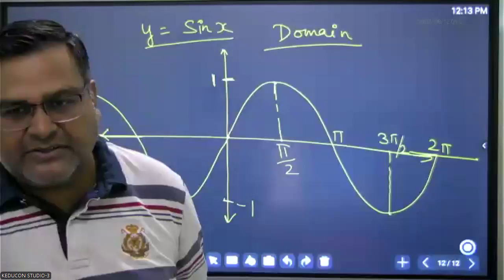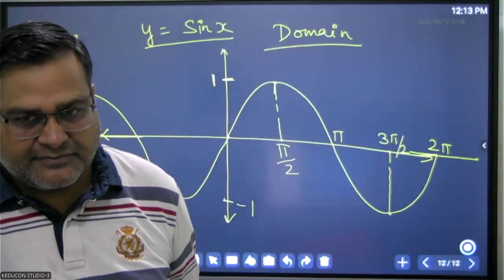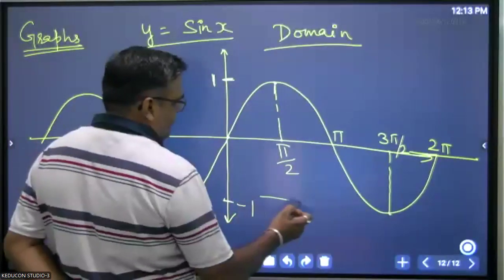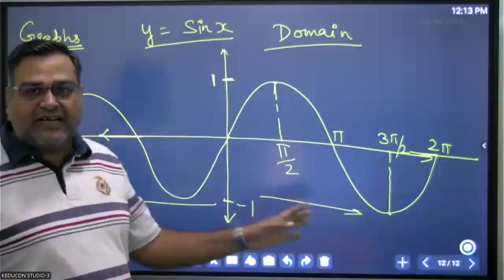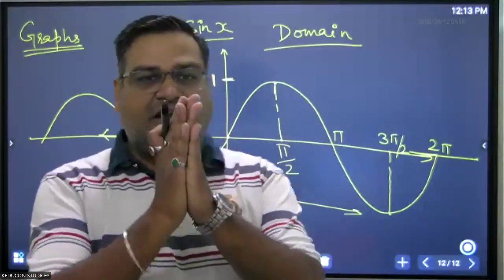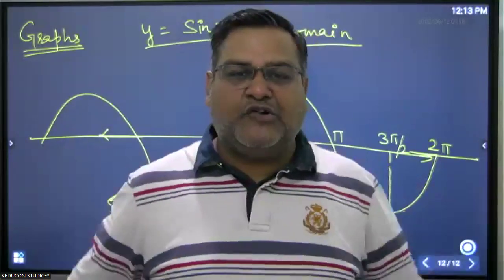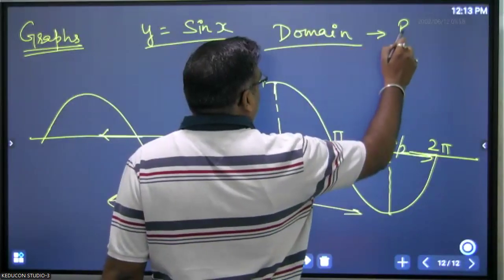Beta, what is the domain? It means the value of x. If you can see the graph, on both sides of the x-axis it can attain any value of x. So hence its domain is R. R means all real numbers.